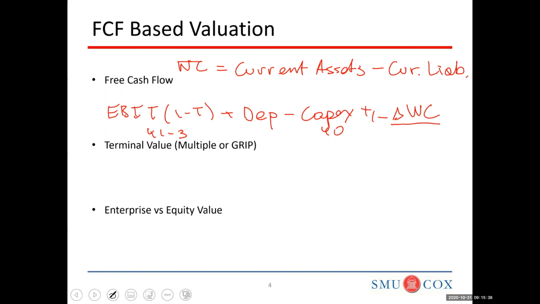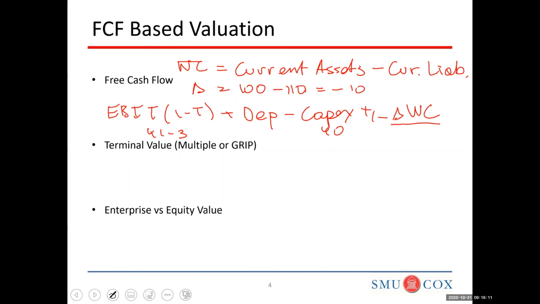But that's at one point in time. Now imagine the next year your inventory goes to 110 and your accounts payable stays the same. So your working capital went up, and your change in working capital is minus $10.